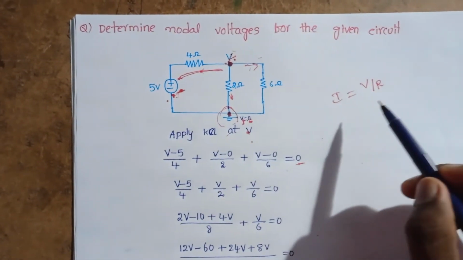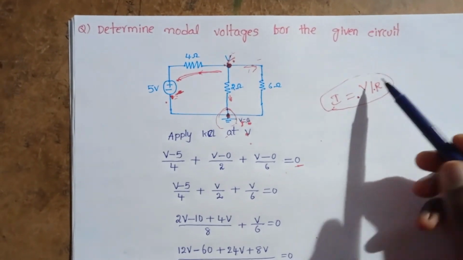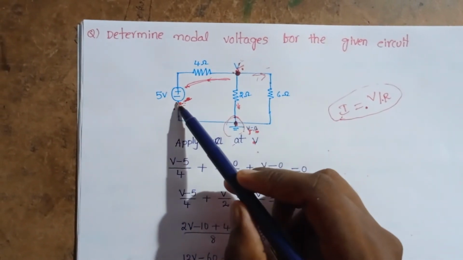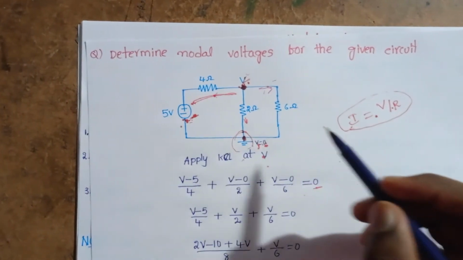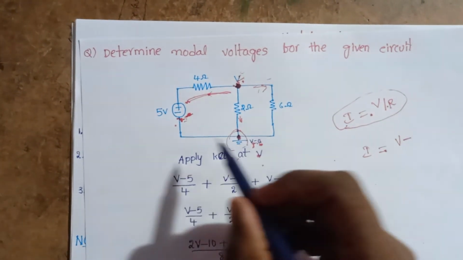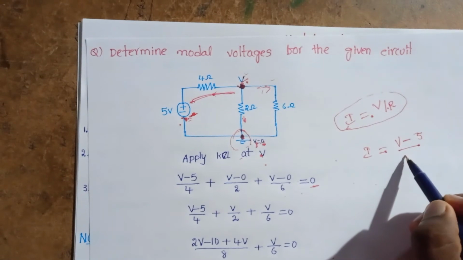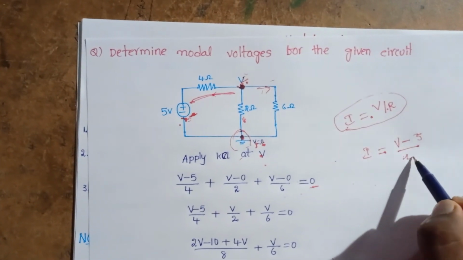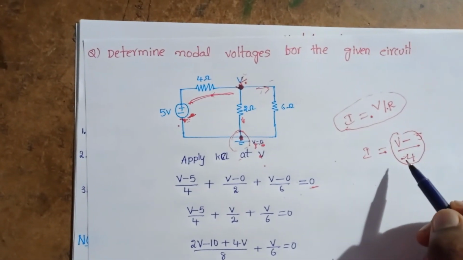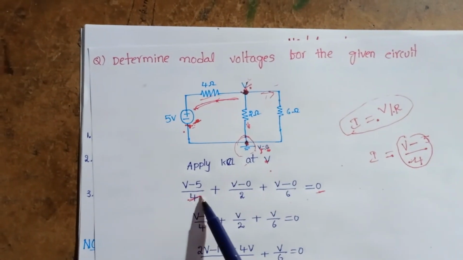According to Ohm's law, I is equal to V by R. In this branch we have two voltages, and the difference between them is the resultant voltage, so I is equal to V minus 5 by the resistance. What is the resistance in that branch? 4 ohms. This is nothing but the current in this particular branch.